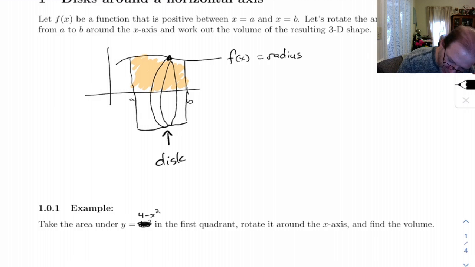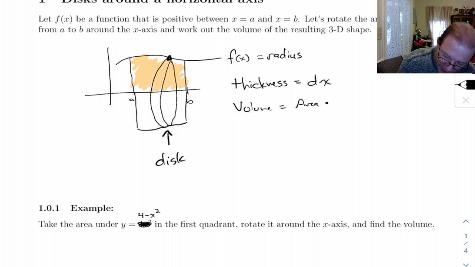The thickness of the disk is a tiny change in x, dx. So its volume is equal to the area of the circle times the thickness.